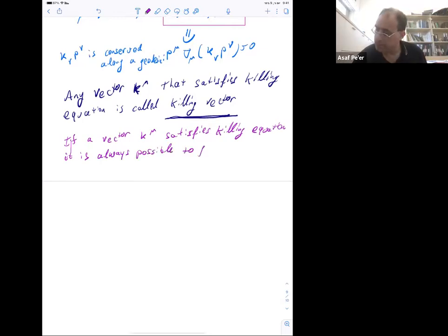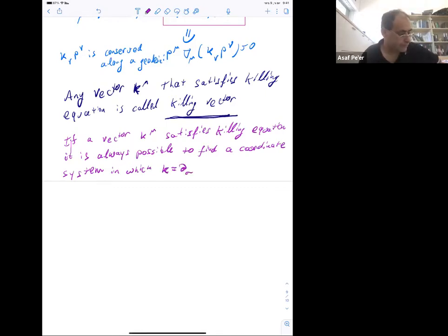Find the coordinate system. Which gives d sigma. Right.